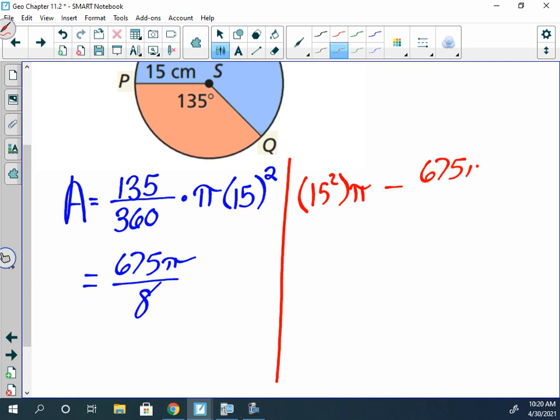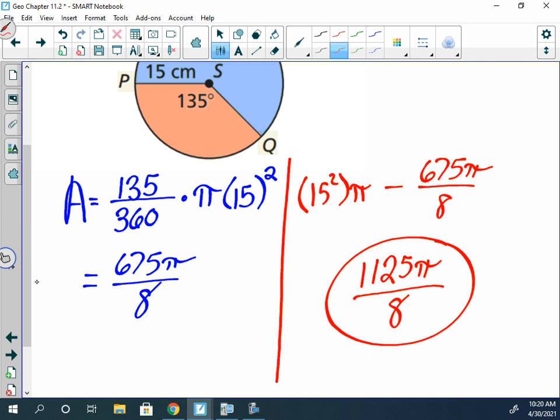The other way is I can type in 15 squared times pi, and 15 squared I believe is 225. 225 pi minus 675 pi over 8. And that'd be the other sector.